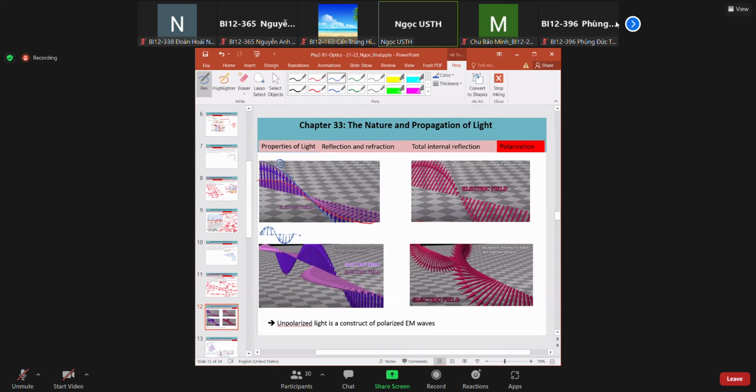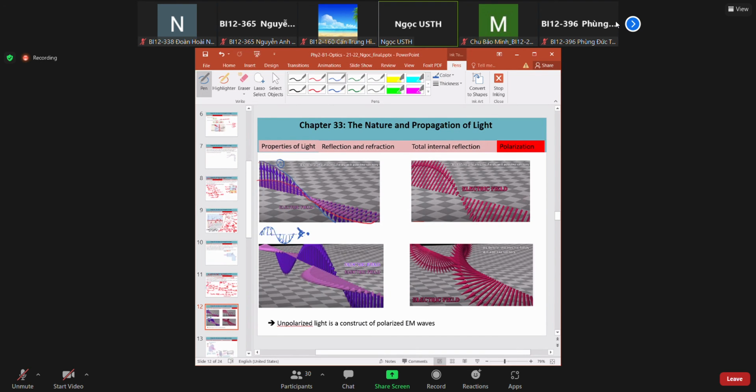So if you have a single wave like this, and you stay at this position, and you open your eyes here, here are your eyes at this position, and you look at the wave.